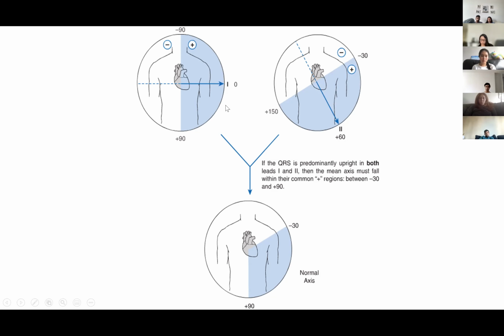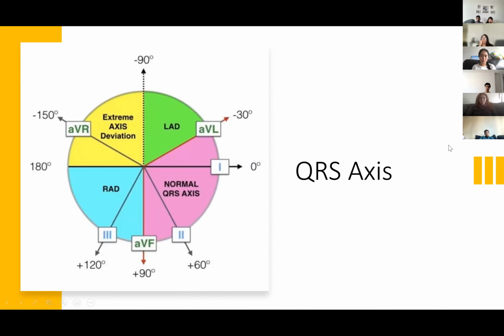Okay, so if a patient has the QRS complex being more positive than negative in lead 1 and also in lead 2, when you combine those two, you're going to see that it lands in the normal axis. So the conclusion from this is basically if it is positive in 1 and 2, the patient has a normal axis. Okay, so look at this again, it's the same.